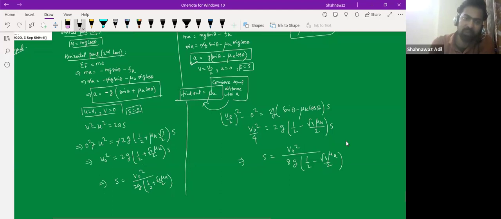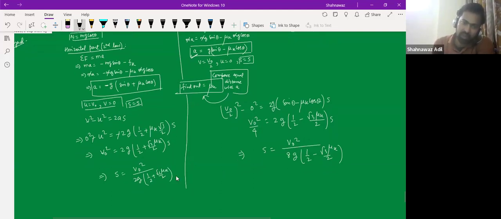Then we have to compare these two things. So what do we have? We have v naught squared by 2g, 1 by 2 plus root 3 mu k by 2, and then v naught squared by 8g, and this is, let me write it, 2 times 1 minus root 3 mu k, and again we can take 2 outside from this one.